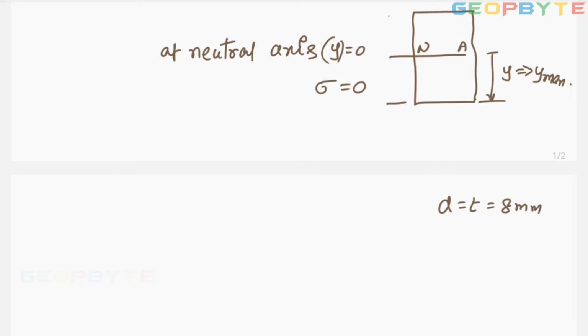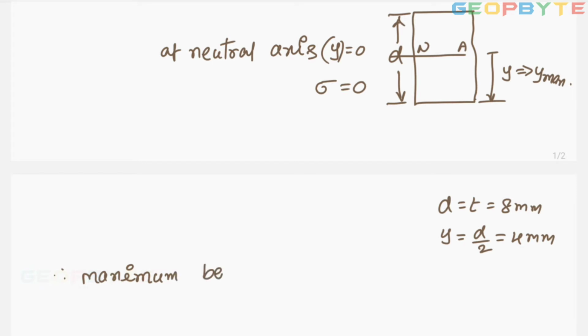Then y equals d by 2, equal to 4 mm. Therefore, maximum bending stress is found only at the outer layer.